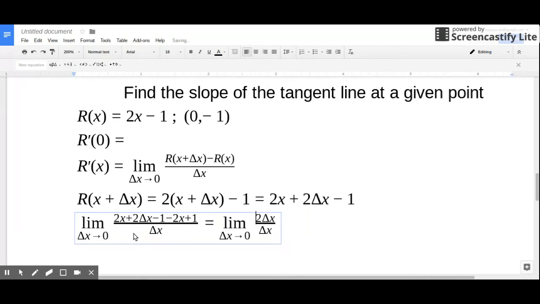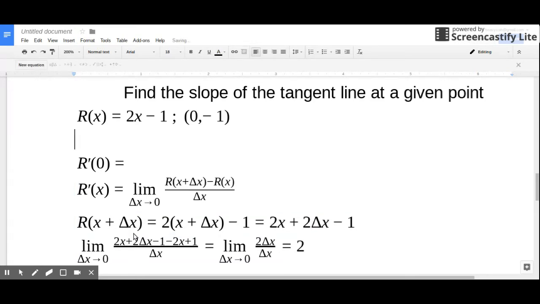And now we have a delta x over delta x, which can be reduced to 1. And so we end up being left with 2.